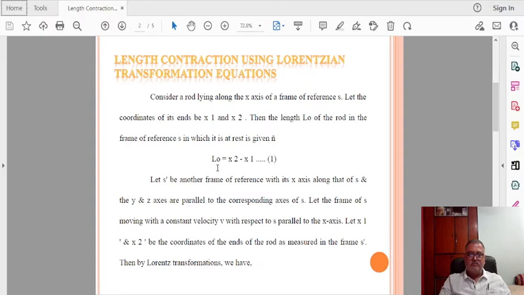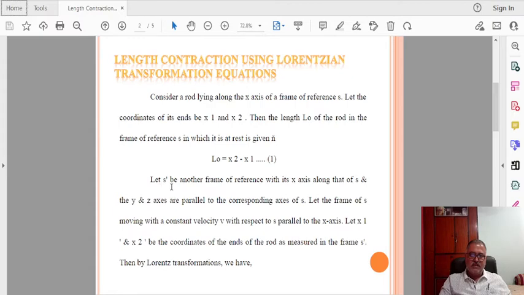L0, this is nothing but the length of that rod. x2 minus x1, these are the two ends we are taking, its subtraction, equation number 1.